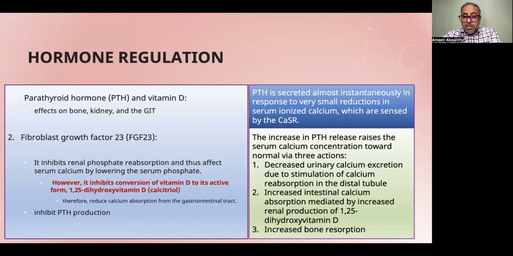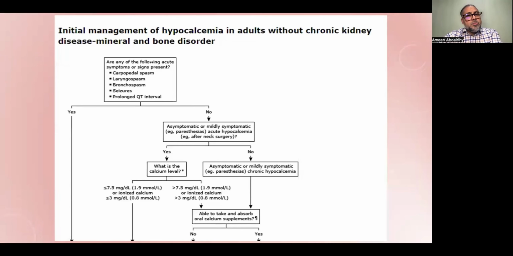And of course, it does increase bone resorption. So what do we do if we have patients with hypocalcemia? I need to be a bit fast because the slides are a bit lengthy.